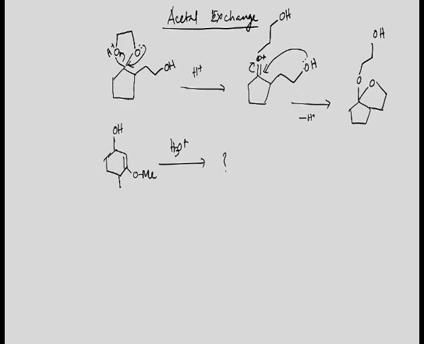Enol ether also, if you put H plus, it will react like this. Earlier we have seen the acetal, but here this conjugation is there. So, an oxonium ion will form here also.